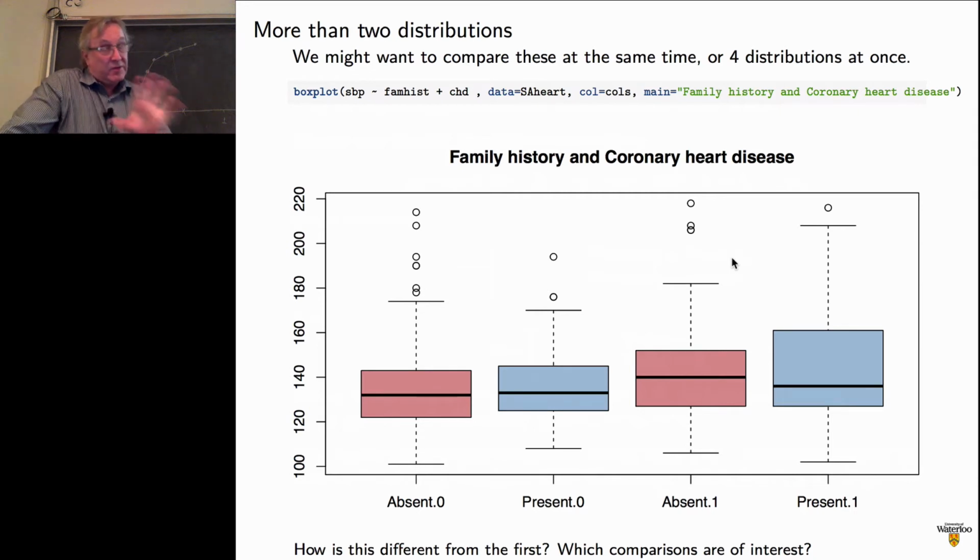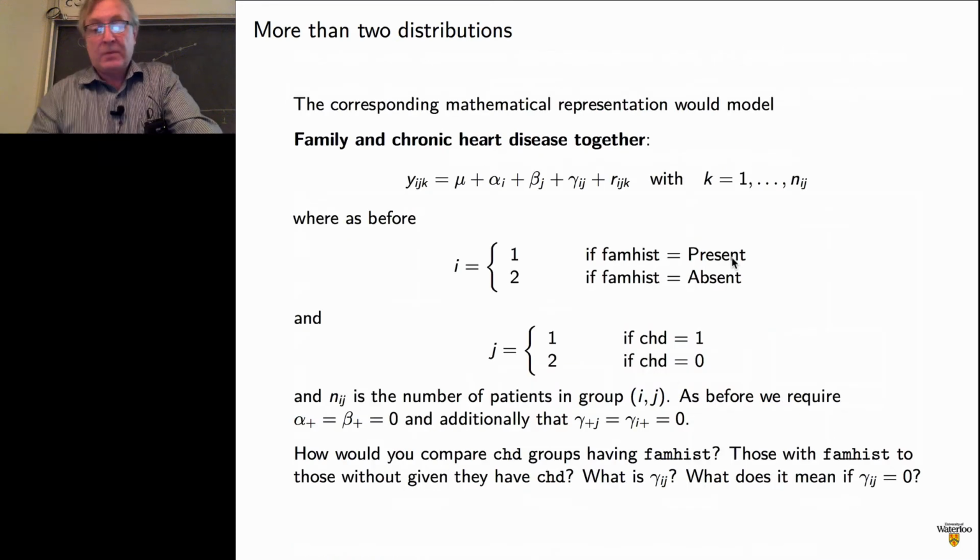So again, the visualization itself has got a comparison that's of interest. It's got a model underlying it. Of course, we're not making any distributional assumptions other than the ones built into a box plot, that these 4 distributions are unimodal. Okay, any questions?